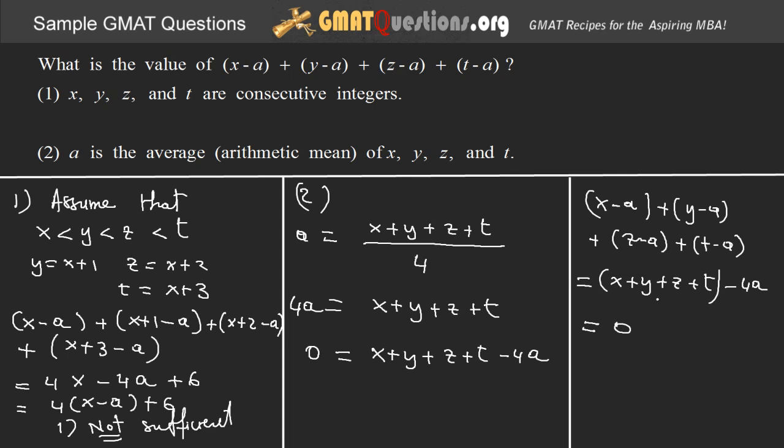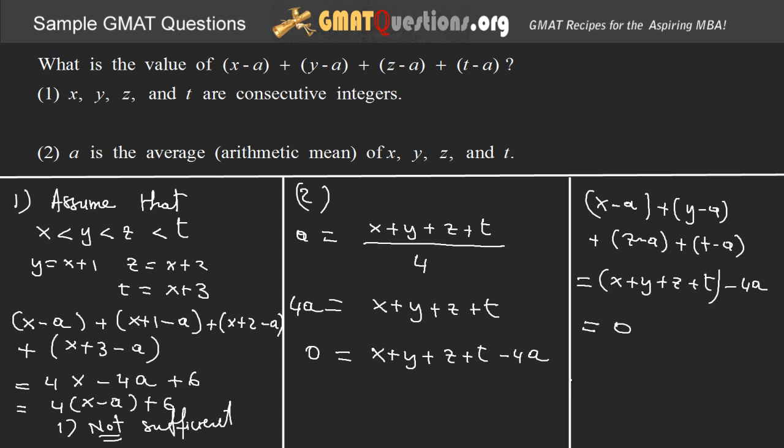As you can see, this is the same thing. Now we can see the relationship between what we are given and number 2. What I did, I manipulated the average, and I found something that can be useful to calculate the value of this expression.